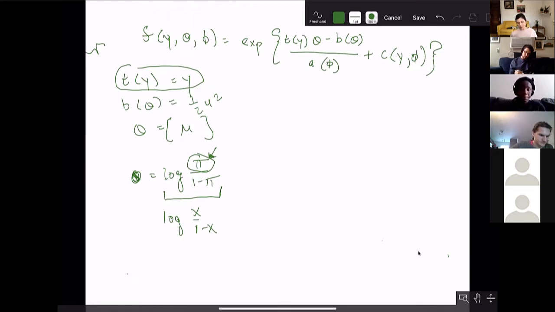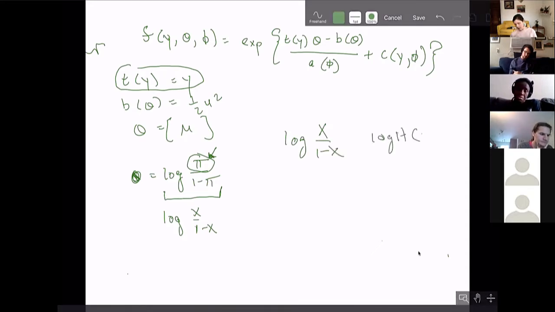This is called the logit function: log of some random variable, say x over 1 minus x, is called the logit function. Sometimes you see that written as logit of x. And so that would be the canonical link function for the binomial distribution.